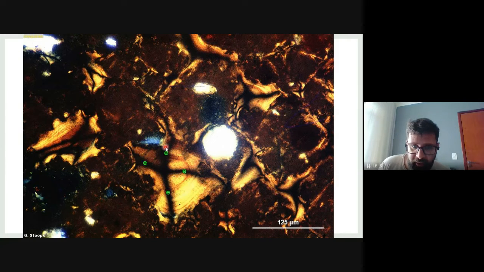These black or extension lines show us that all the clays are oriented. They were deposited in the same direction. So if they were deposited in the same direction, we have a tectonic stability which formed all this feature.